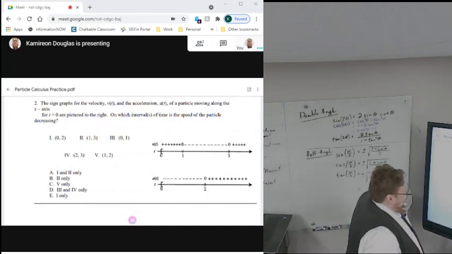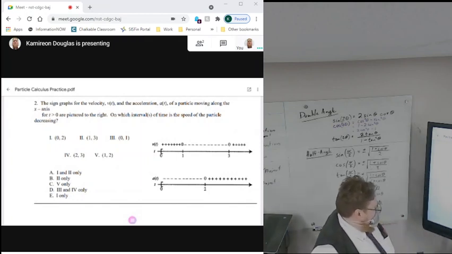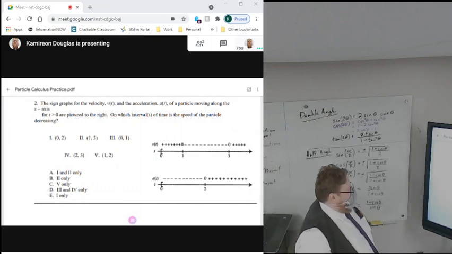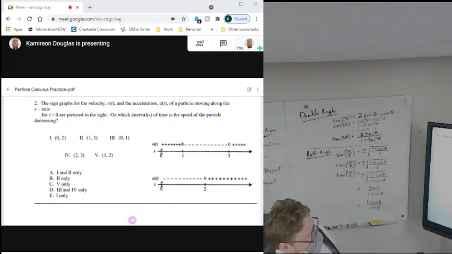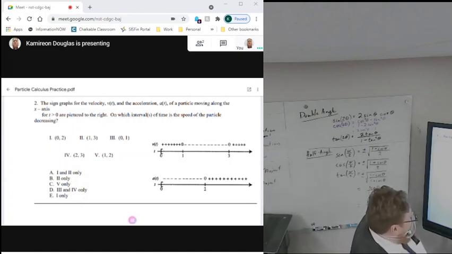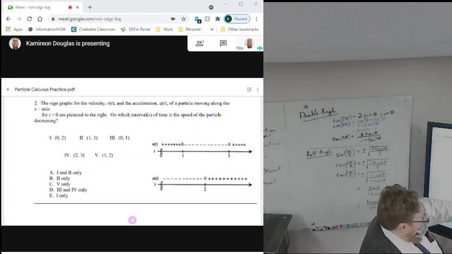So my answer is 1. Okay. So I agree, 1. 3 and 5 are also places where this particle is slowing down, right?